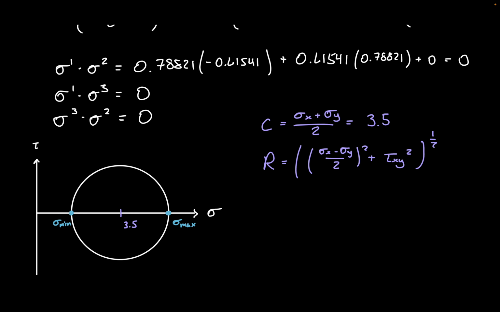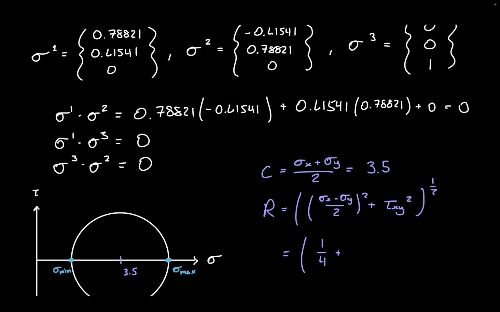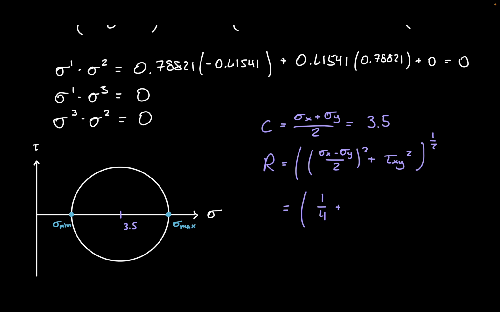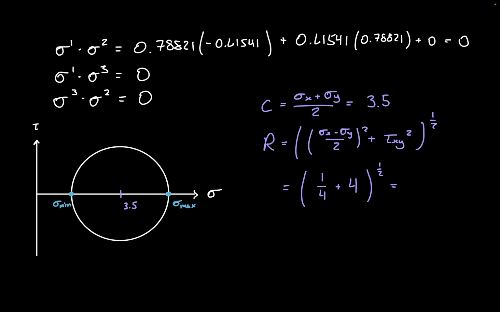So from before, sigma x was 4, sigma y was 3, so we'll essentially have 1/4, plus tau xy, which from before was 2, so 2 squared gives us 4, and then we'll take the square root of that, which gives 2.06155.